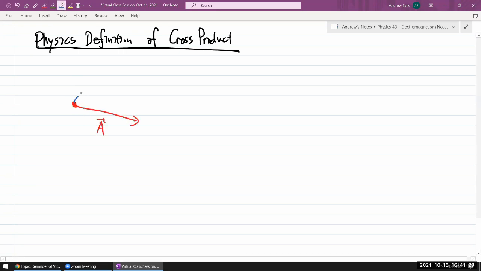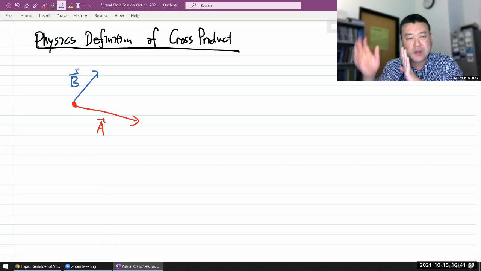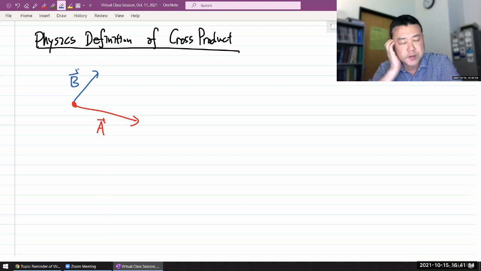Then this is how you would define cross product. You define cross product by associating a plane with these two vectors. In fact, in most contexts where cross product comes up in physics, you can somehow associate a plane with whatever context the cross product is coming up in.